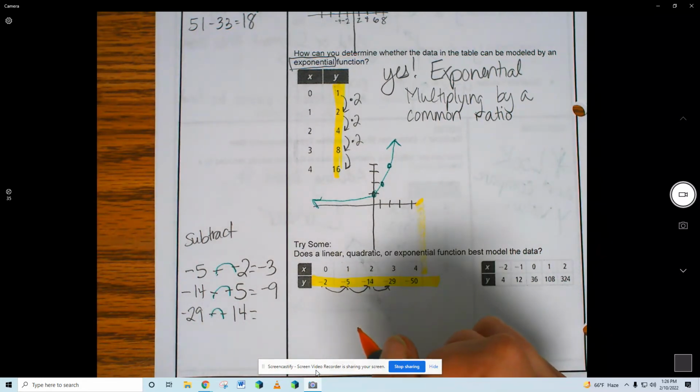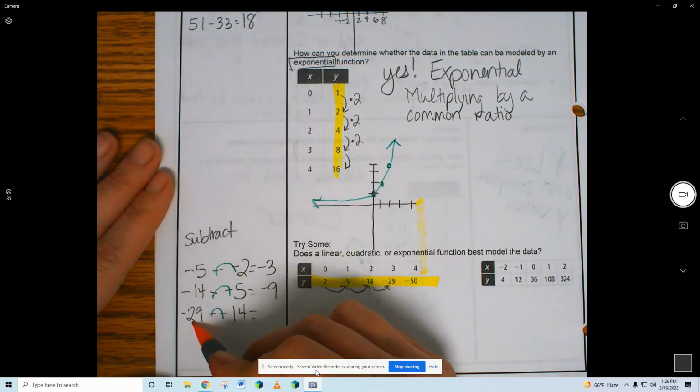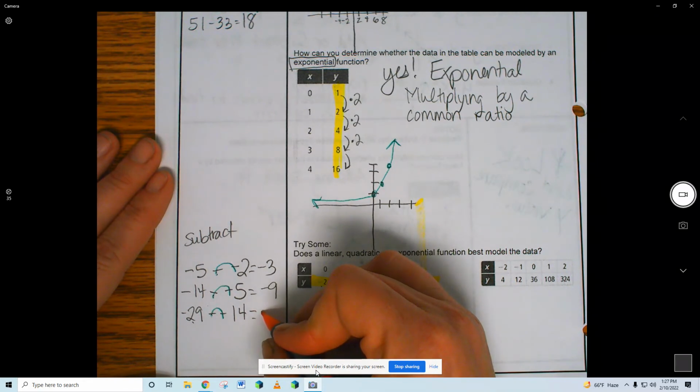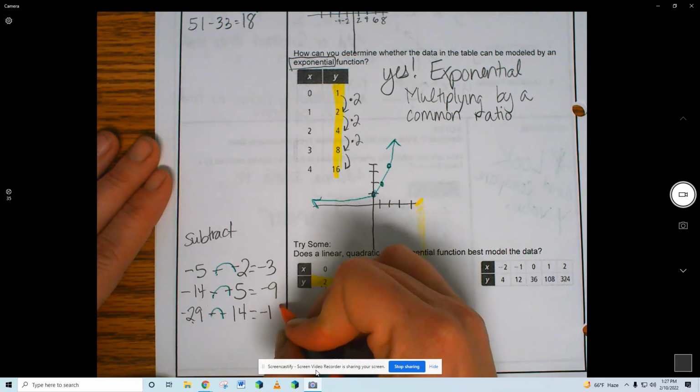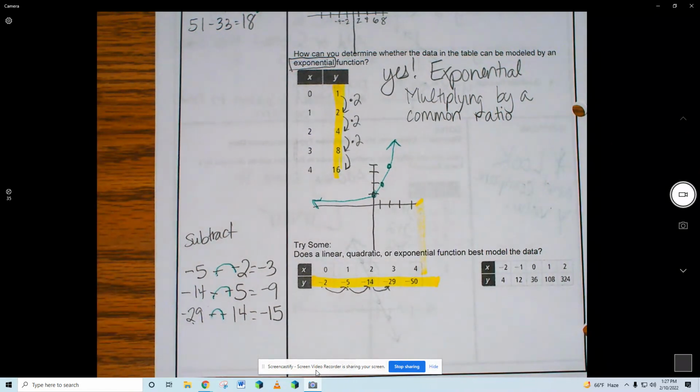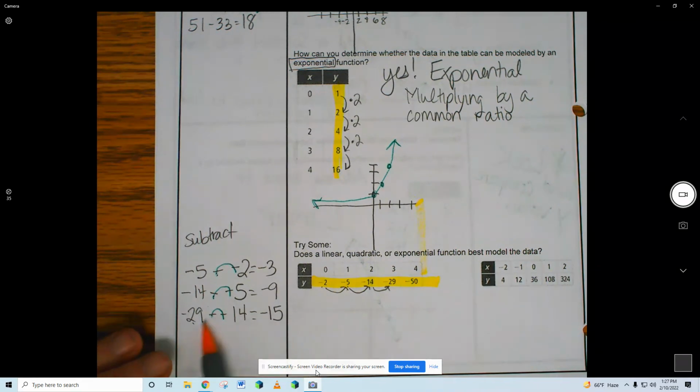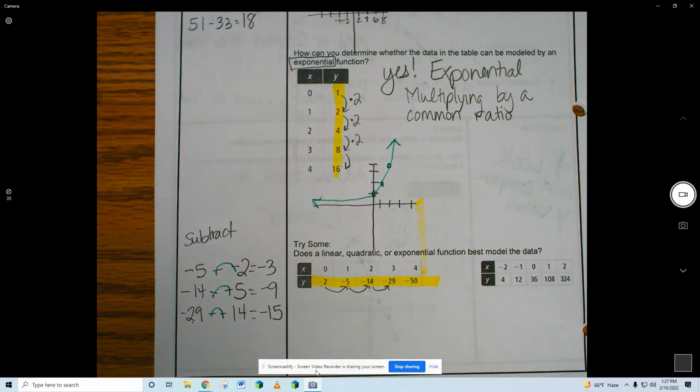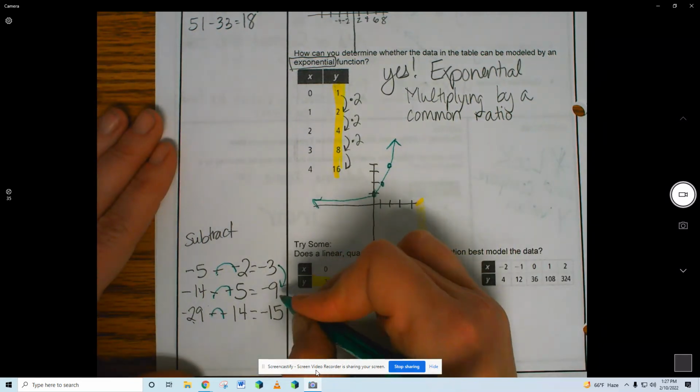No. And minus 15, right? It's negative 12? Wait, I thought 29 and 14 was 15. Yeah, that's right. Is there a pattern? How does 3 become 9? How does 9 become 15?